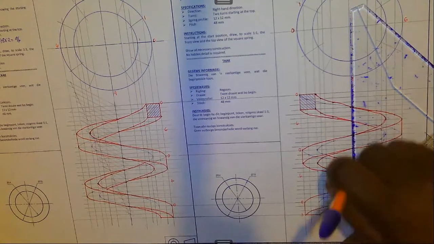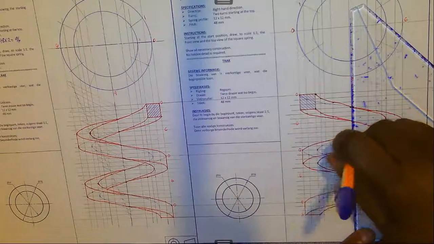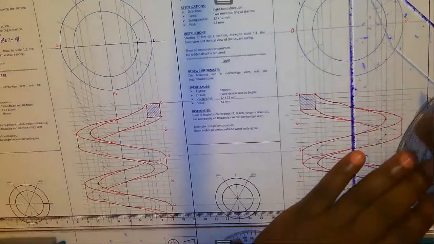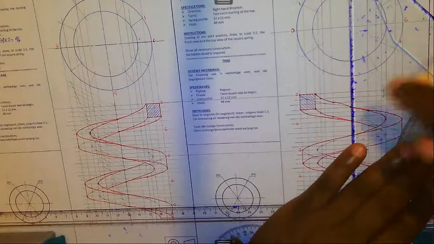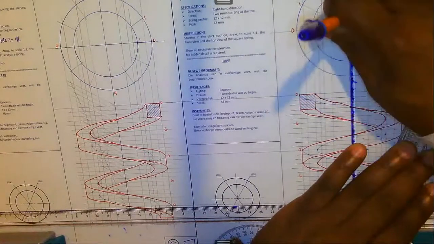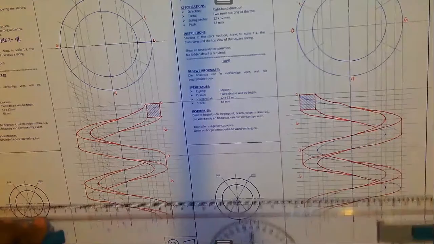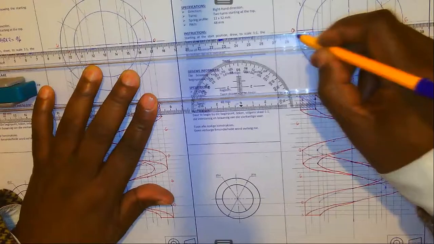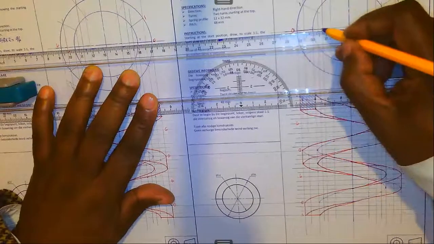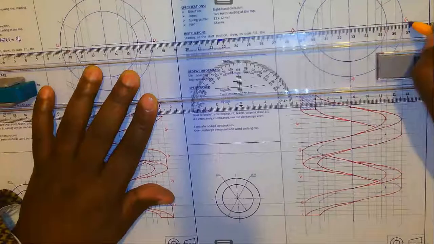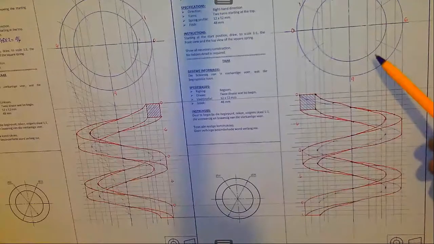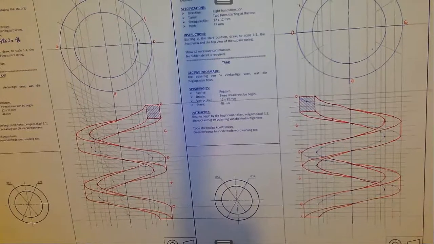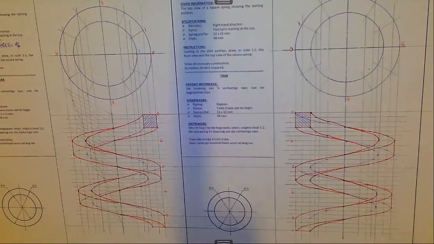So there you go. This you would show as an outline to symbolize that edge. That's the center line. Right, so that's our top view and that's our front view in terms of the square spring, okay?